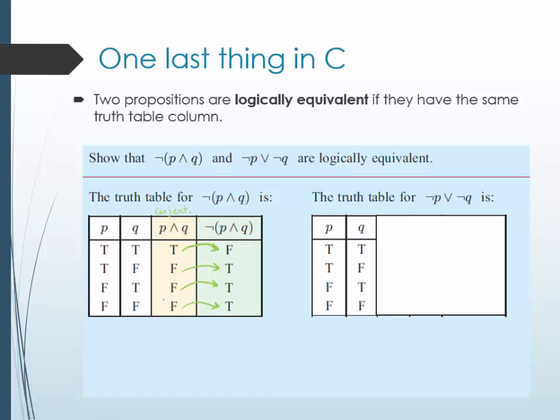Now, we're going to show that negate P disjunction negate Q has the same values. So before I show you, maybe you could just write this down over here. That's going to be negate P. That's going to be negate Q. And then the last one's going to be negate P, negate Q, disjunction.